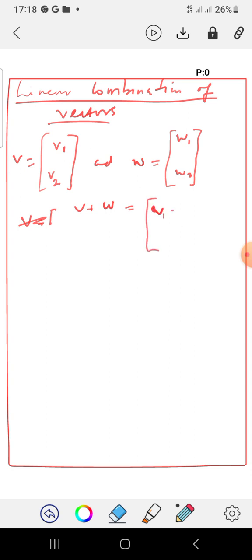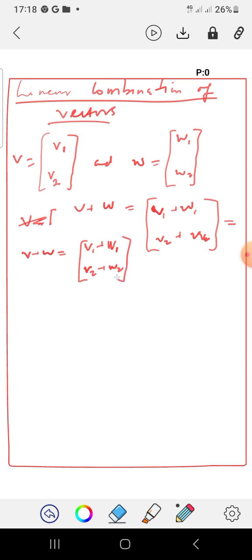So V1 plus omega 1 and V2 plus omega 2. So that is the way it is. And your result will give you V plus omega, which is V1 plus omega 1, V2 plus omega 2.